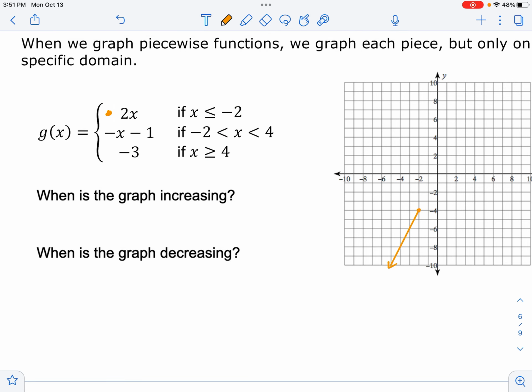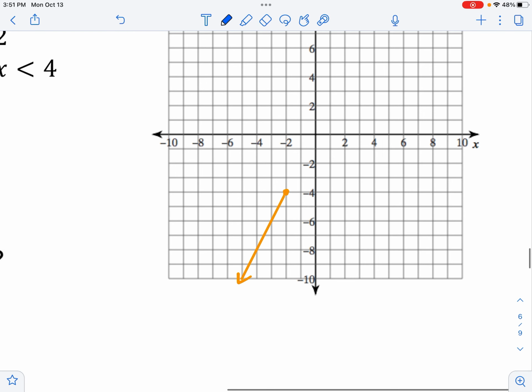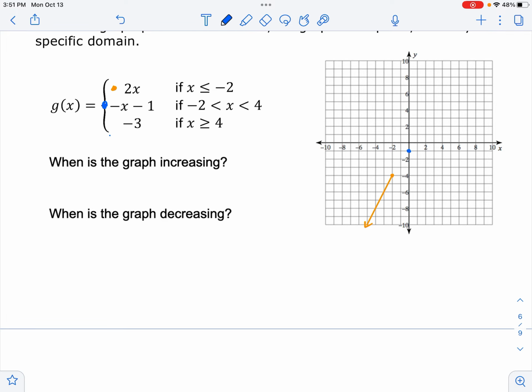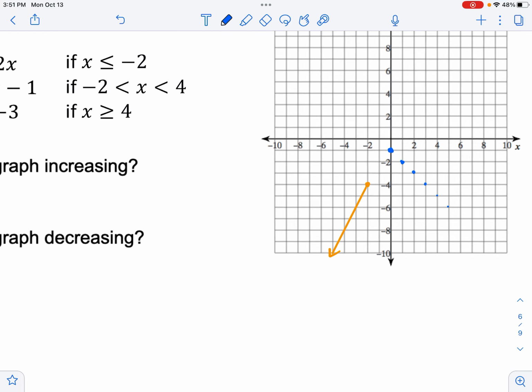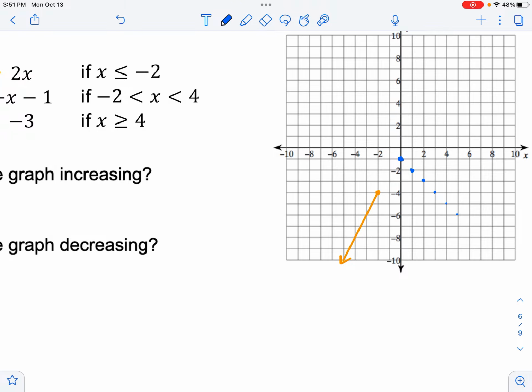All right. Let's try blue for this one. Okay, so negative x minus 1. I want to start with my y-intercept of negative 1. My slope is in front. There's really a negative 1 there, so I'm going to put negative 1 slope. That means down 1, negative 1 over 1, right? So down 1 over 1.